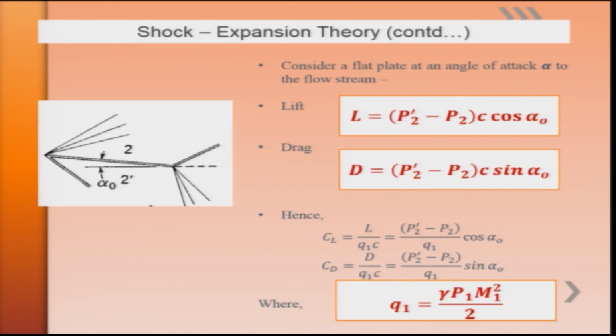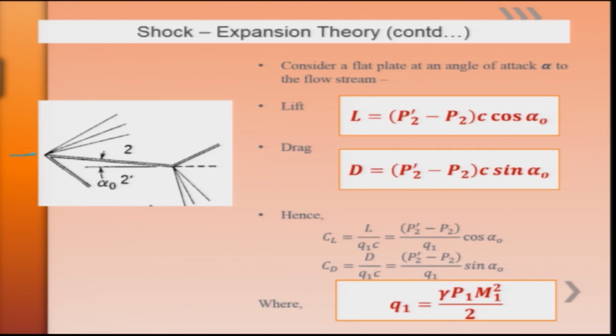Now, using the shock expansion theory, let us take one simple example to calculate the lift and drag coefficient. The simplest example: in a supersonic stream, a flat plate is kept at an angle of incidence alpha naught.